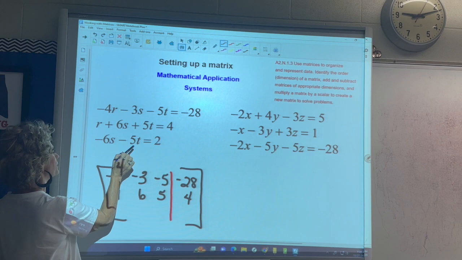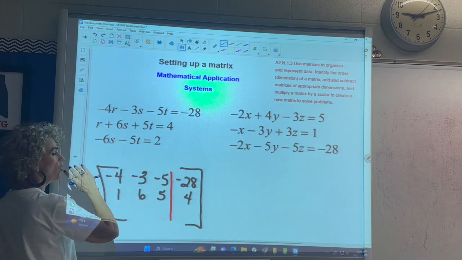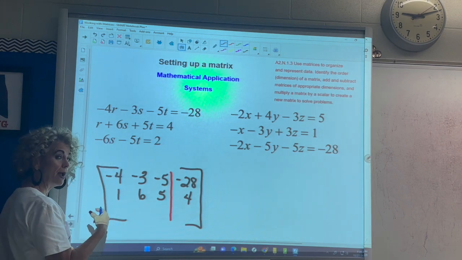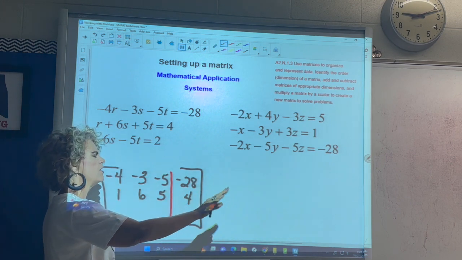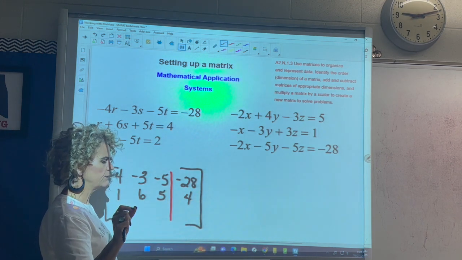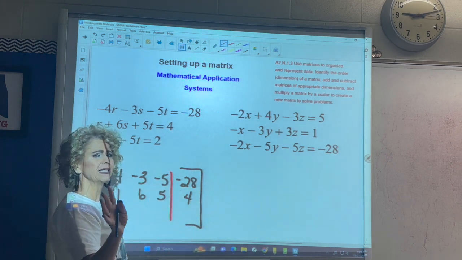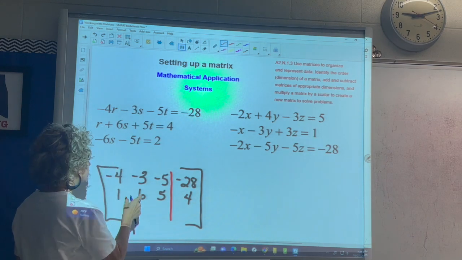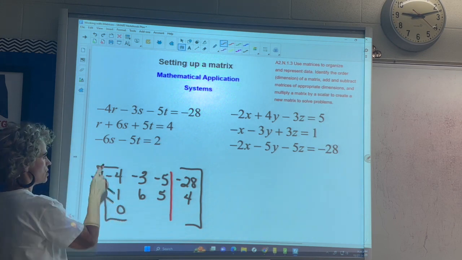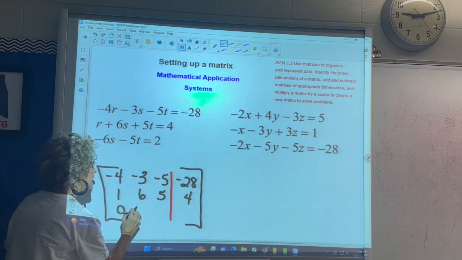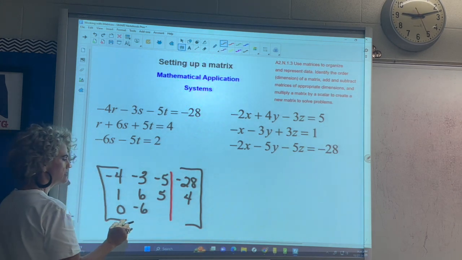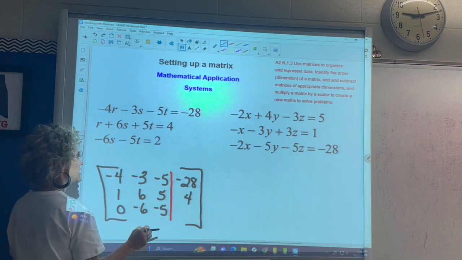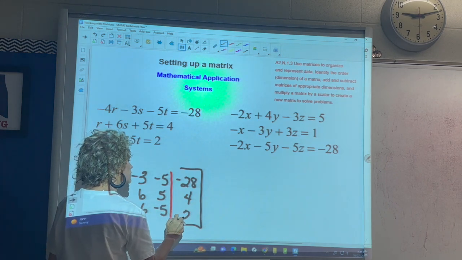I only have 2 variables. Well, if R isn't there, what number do I multiply to get rid of it completely, multiplication, not an additive inverse, to make it completely go away? 0. 0 times R is 0. So I have 0 R's in this equation, negative 6 S's, negative 5 T's, and a positive 2.